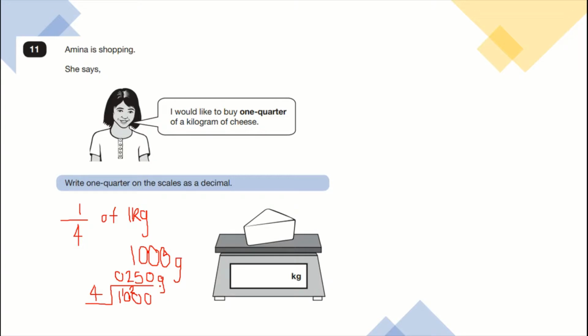Now when we're writing this as a decimal, it would be 0.25 kilograms, because we are dividing by 1000, and when we're dividing by 1000, we're moving the decimal place 3 times. 1, 2, 3. So the decimal point would be here. So this would be our answer.